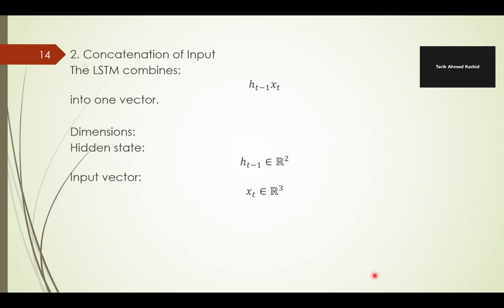Now, concatenation: we will concatenate hidden with the input. The hidden state has only two neurons, and the input vector has only three digits: 100, 010, and 001 for the three words.